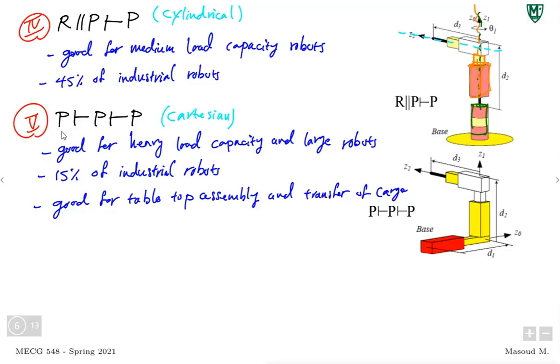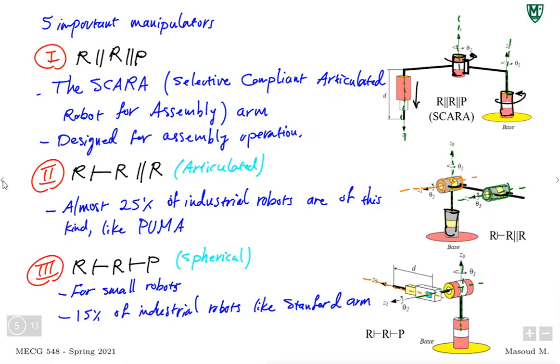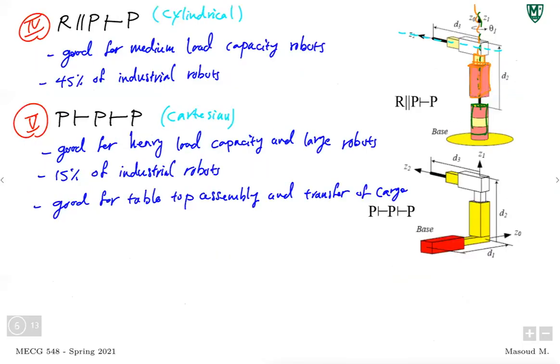All right, these are the 5 most common types, and hopefully you get a sense of what they are and how they operate. Through this we also get a sense of prismatic and revolute joints and the way they are set up for a typical industrial robot. Any questions on these? If any of these didn't make sense, just let me know. I tried to find some videos.